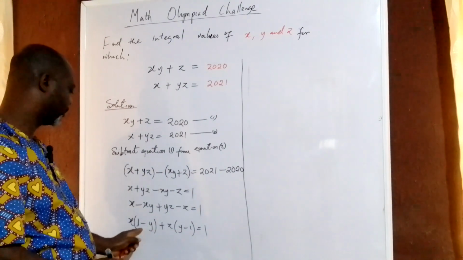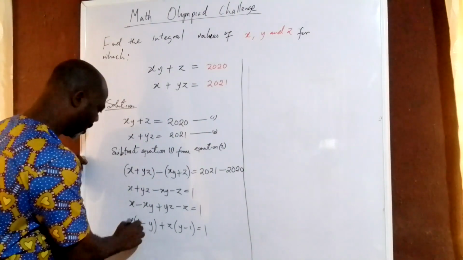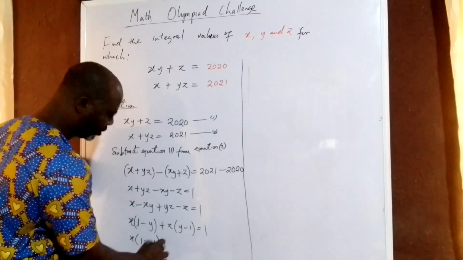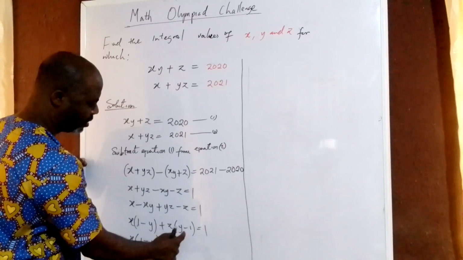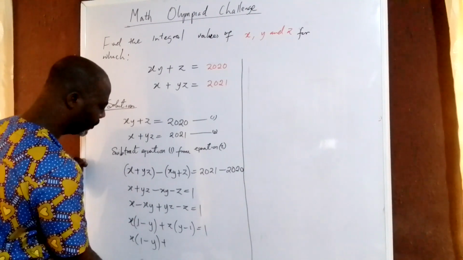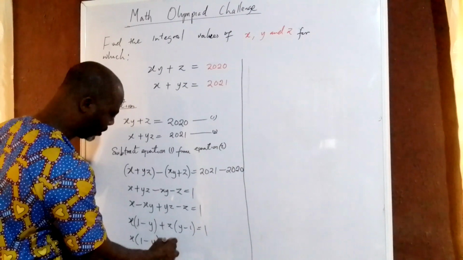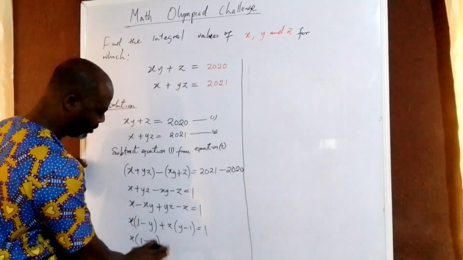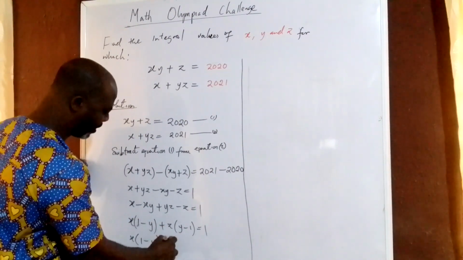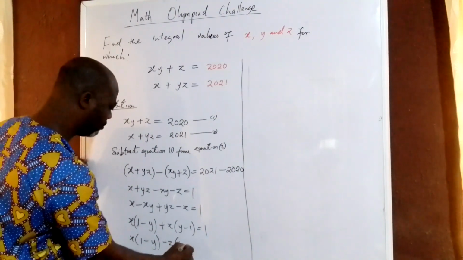I'm going to express both in the same form, so I factorize minus 1 out from the second bracket, and we have minus z times (1 minus y).